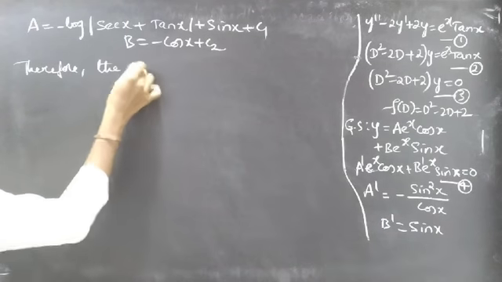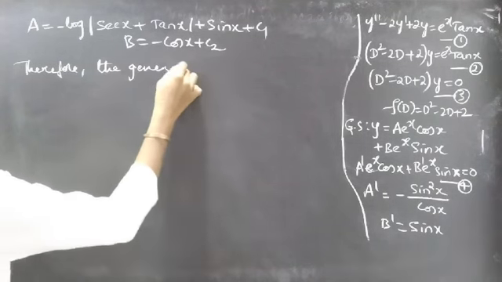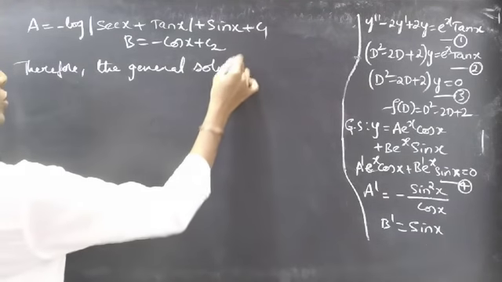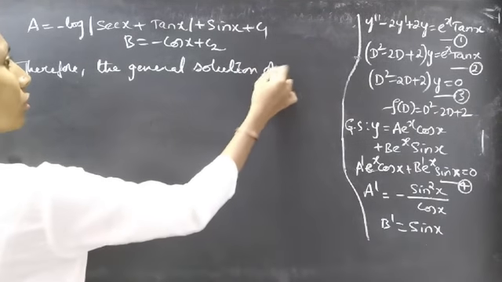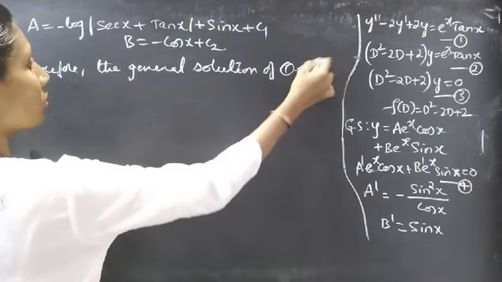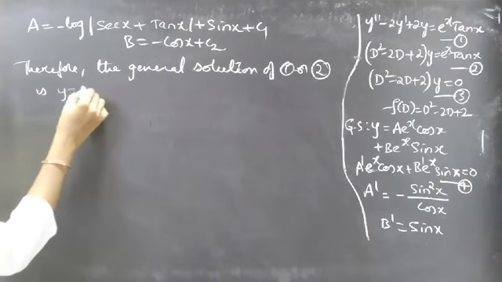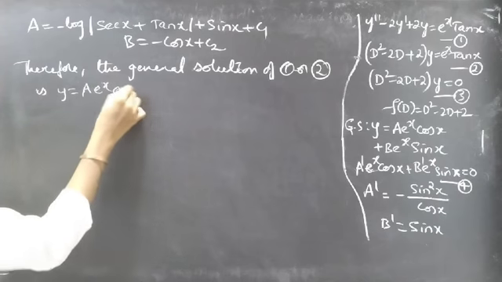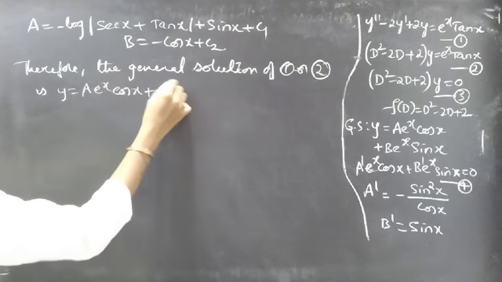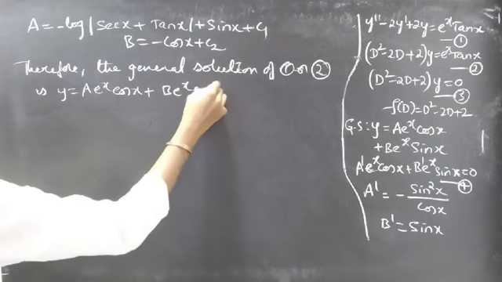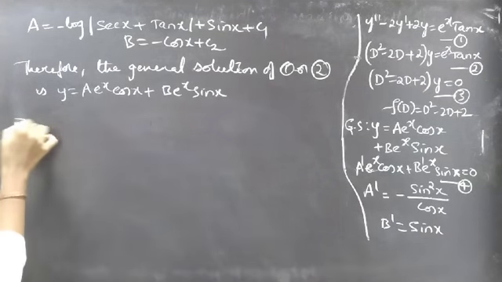Therefore, the general solution of 1 or 2 is given by y equal to a e power x cos x plus b e power x sin x. Let's substitute a and b here.